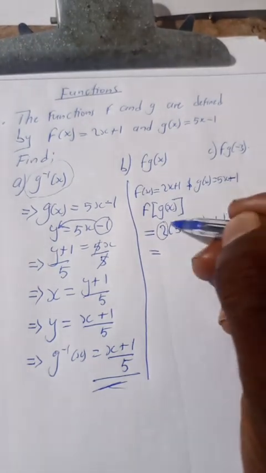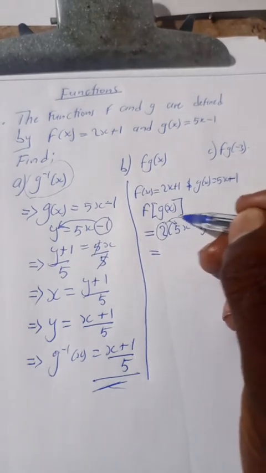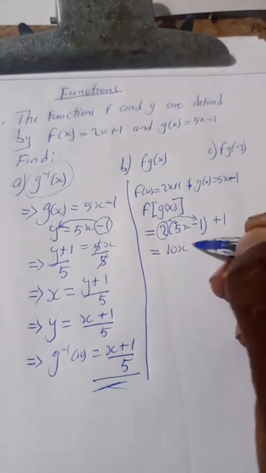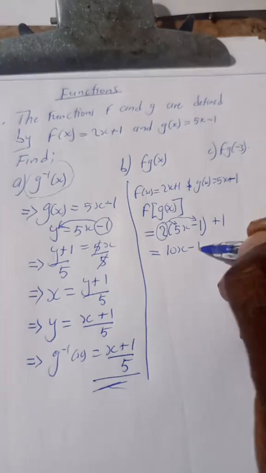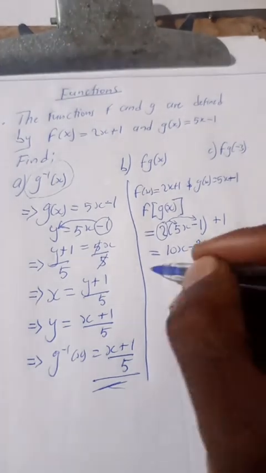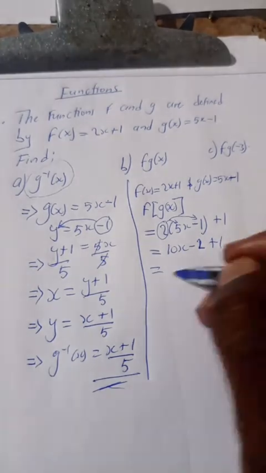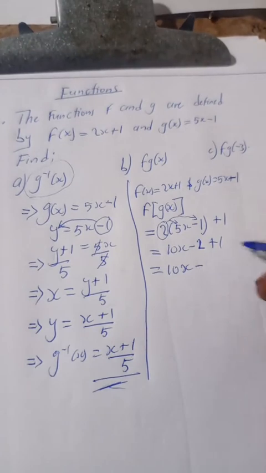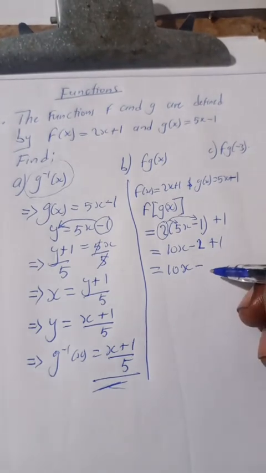This is going to be equal to multiplying this guy inside the bracket. This one is going to multiply this one and also this one. So it will be 2 times 5x, we're going to have 10x. 2 times negative 1, we have negative 2 plus 1. So here you do the arithmetic. We have two different numbers with different signs.